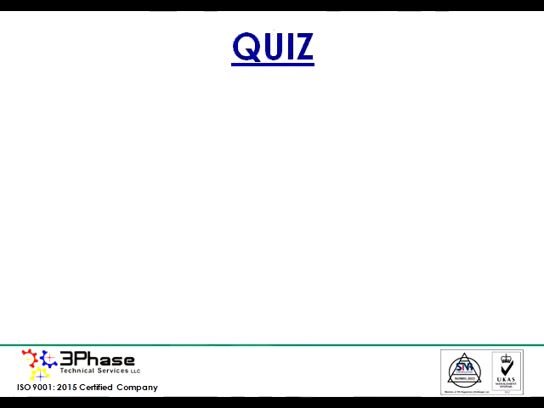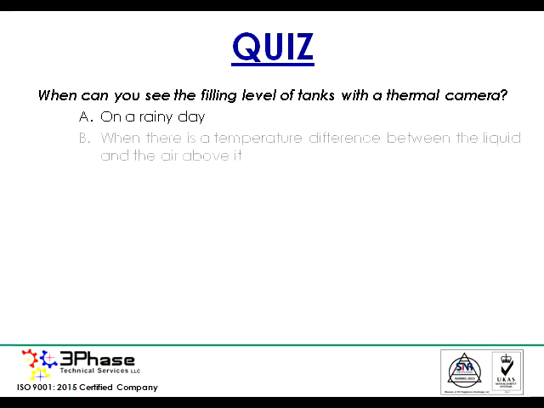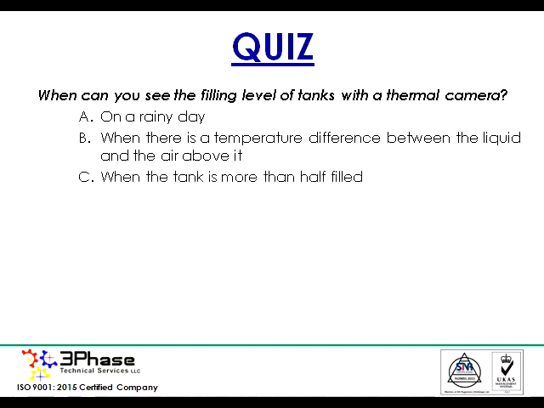Now let's have a short quiz. When can you see the filling level of tanks with a thermal camera? A. On a rainy day. B. When there is a temperature difference between the liquid and the air above it. C. When the tank is more than half filled.